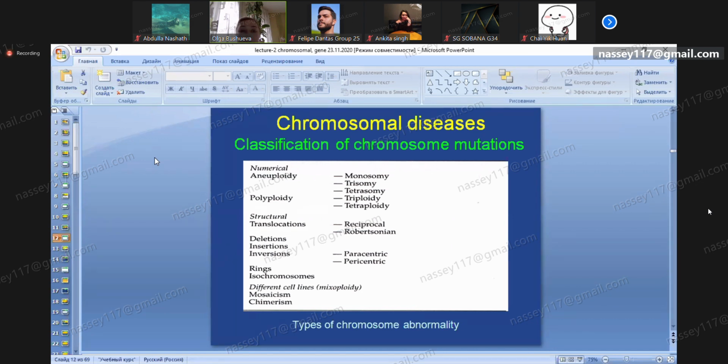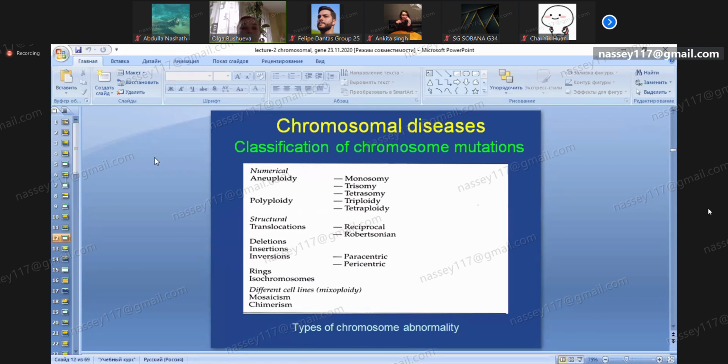Structural abnormalities of chromosomes include translocations, such as reciprocal and Robertsonian, deletions, insertions, inversions. Inversions may be paracentric and pericentric, and rings and isochromosomes.